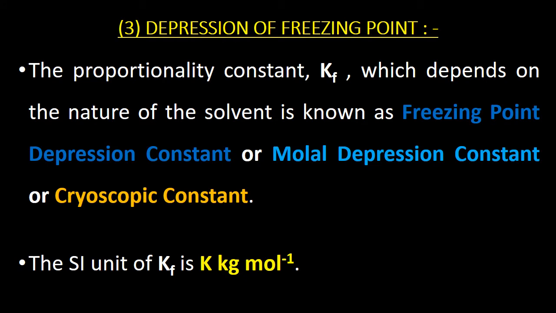The proportionality constant Kf, which depends on the nature of the solvent, is known as freezing point depression constant or molal depression constant or cryoscopic constant. The SI unit of Kf is Kelvin kg per mole.